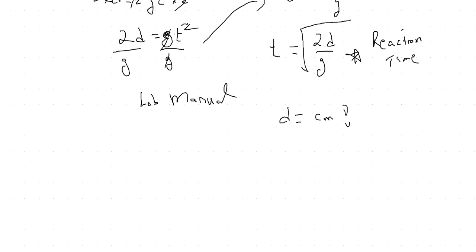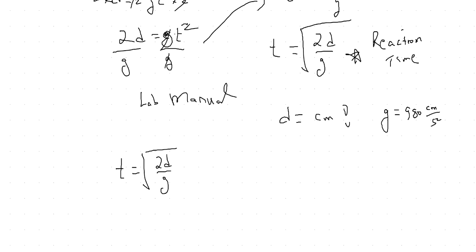So we're going to do G in centimeters, D in centimeters. That means we're going to take G to be 980 centimeters per second squared. So what we have is T equals the square root of 2D over G.